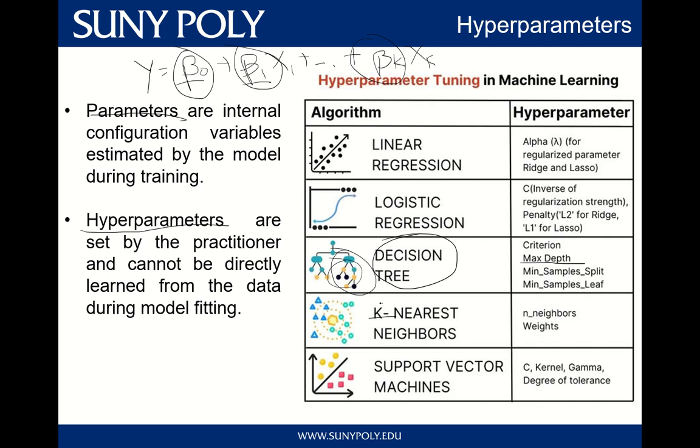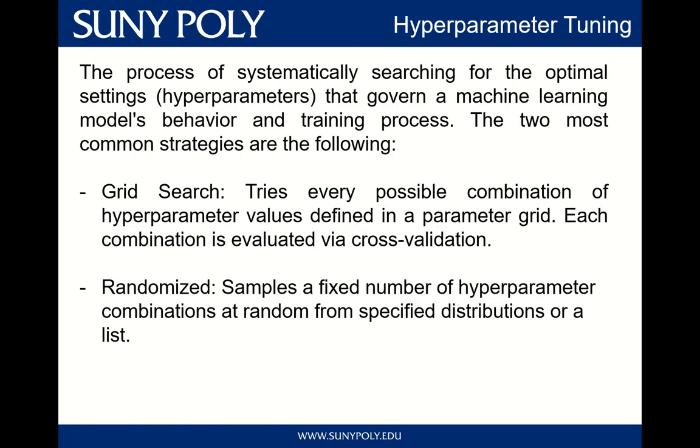K, the number of neighbors. So that's the hyperparameter. And again, you don't know which value to pick initially. You need to test different values. So for that purpose, we have hyperparameter tuning, which is to find the best set of values for those hyperparameters. So there are two popular strategies.